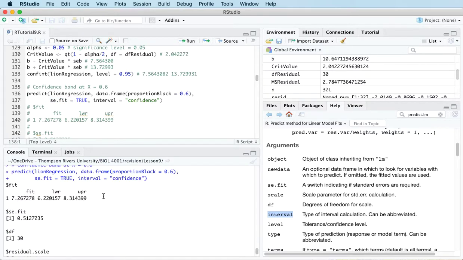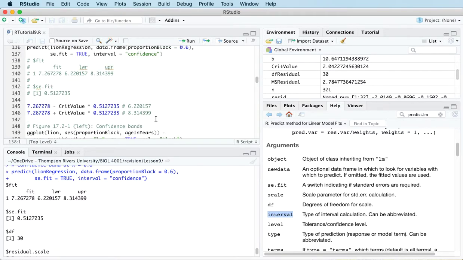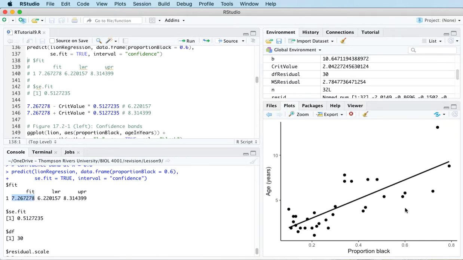So we get all this output, and this is the predicted value. So for this subset of lions that have 0.6 black pigmentation in their nose, the prediction right on the line is 7.267278 years.